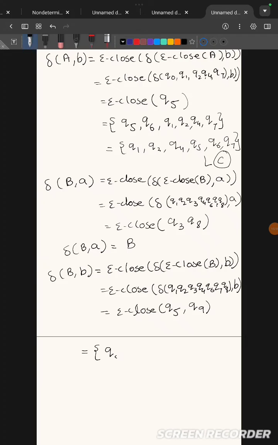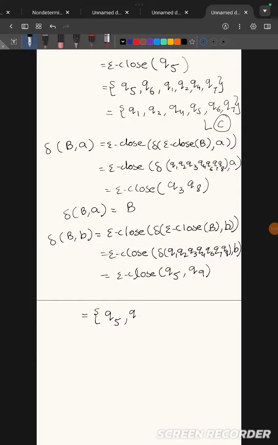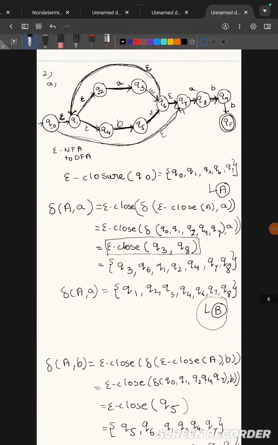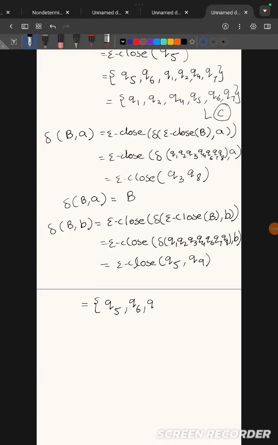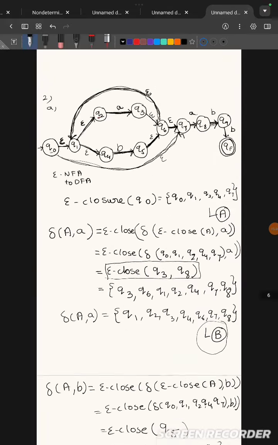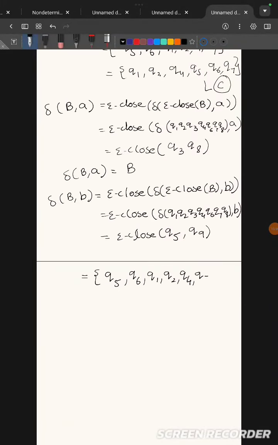Now we have to find the epsilon closure for Q5 and Q9. The epsilon closure of Q5 will definitely contain Q5. Q5 goes to Q6, and Q6 goes to Q1. So Q6, Q1, Q2, Q4, because Q1 has two epsilon transitions, one to Q2 and another to Q4. Q6 has another epsilon transition to Q7, which we also have to include.